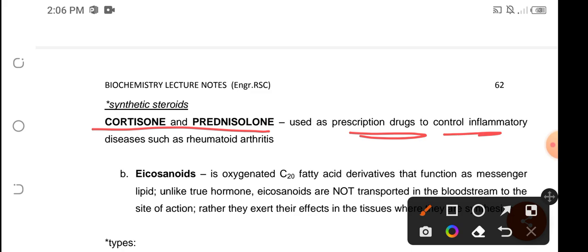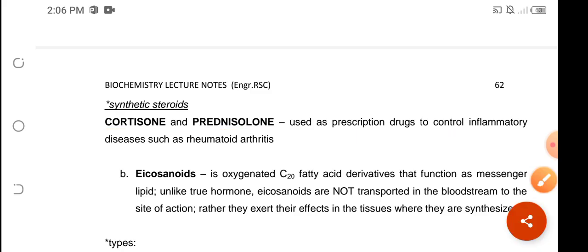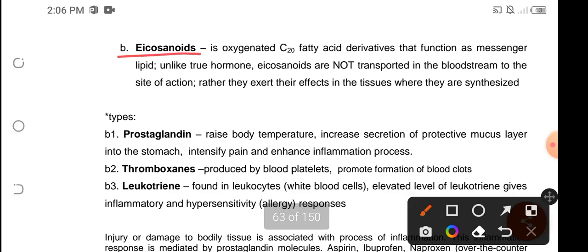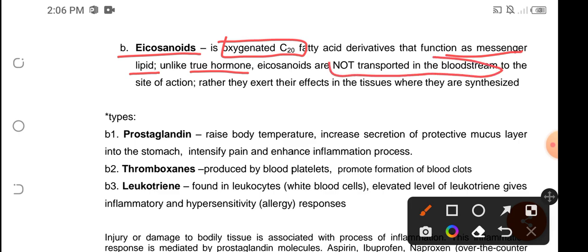Okay, so we have the second, icosanoids. These are oxygenated fatty acids with 20 carbon atoms, and they could function as membrane lipids. Unlike the true hormones, icosanoids are not transported in the bloodstream.